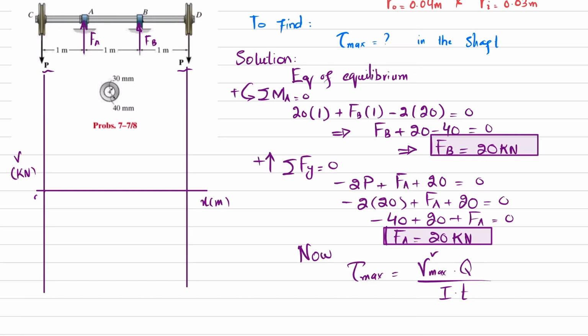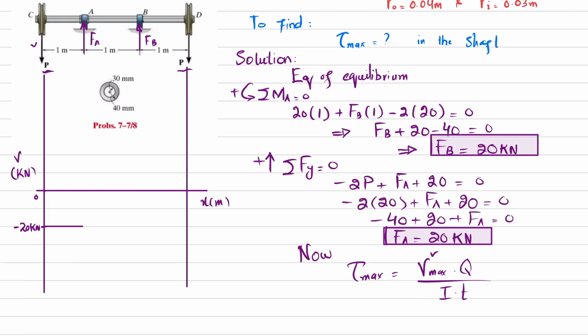This is your 0 point. Now at this point you can see you have P, which is downward, minus 20. So let this point be minus 20 kilonewton. Now moving from here till point A, there is no other force, so it will remain the same, till 1 meter.